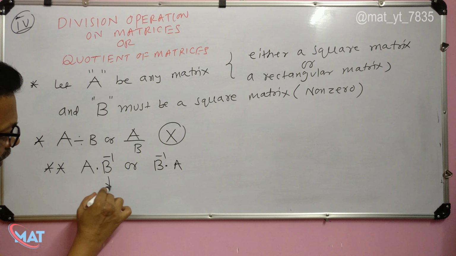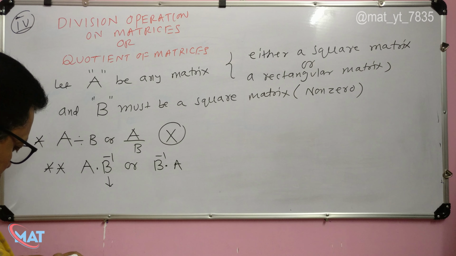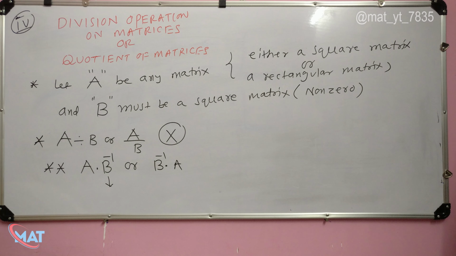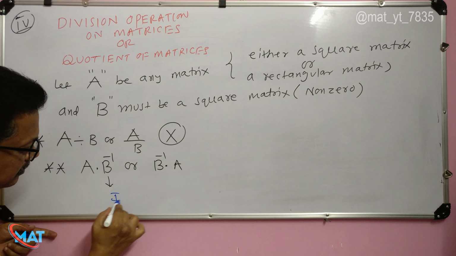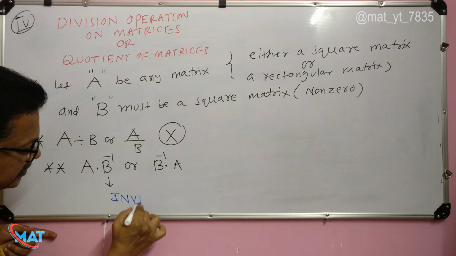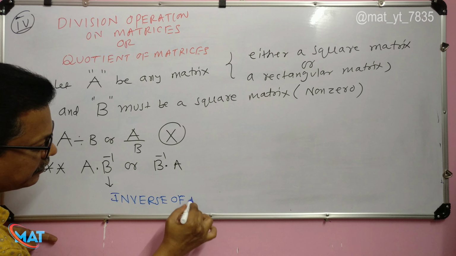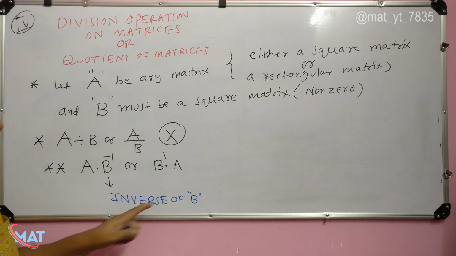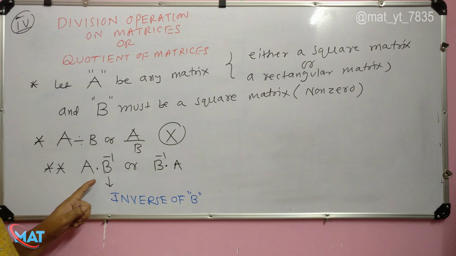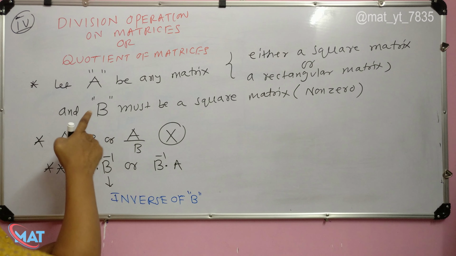Whatever you wrote here is called the inverse of B, because the inverse of B under multiplication is possible only for square matrices.